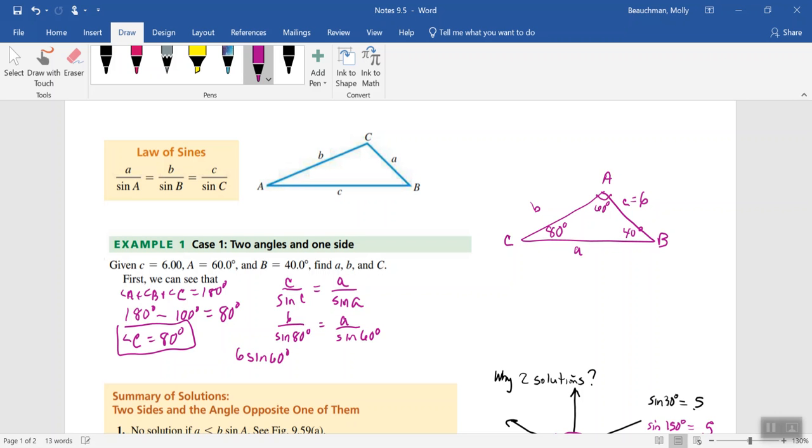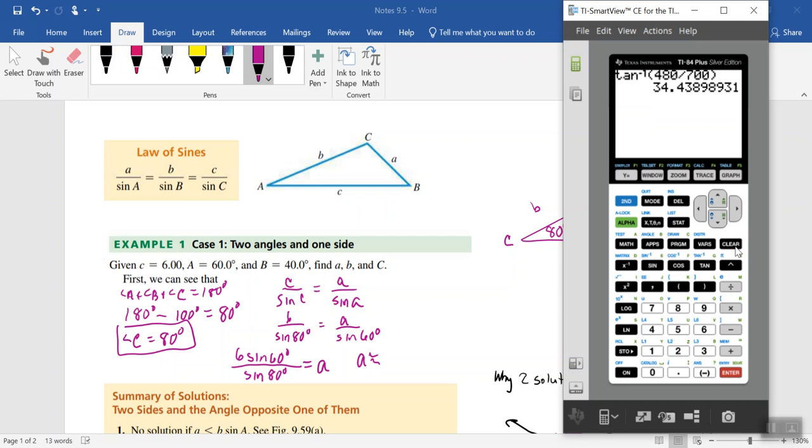I get 6 times the sine of 60 divided by the sine of 80 is equal to little side a. Make sure your calculator is in degrees. I have 6 times the sine of 60 in parentheses divided by the sine of 80, and I end up with little a having a side length of about 5.28.